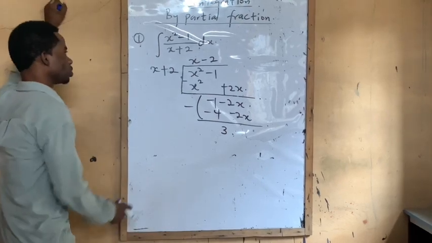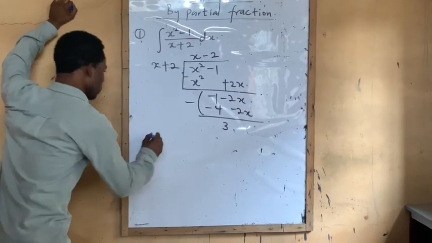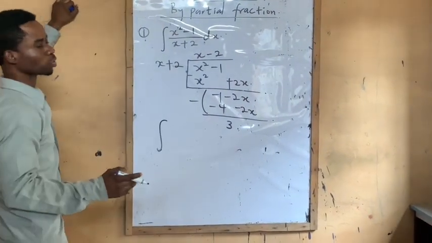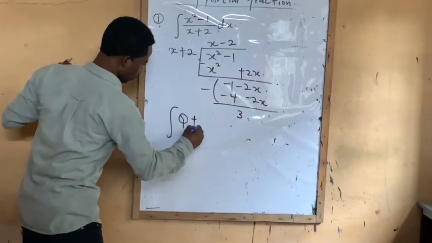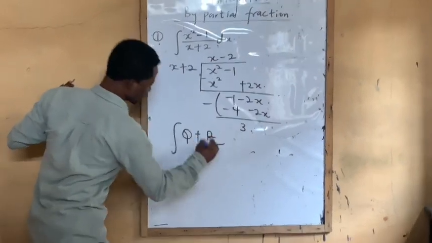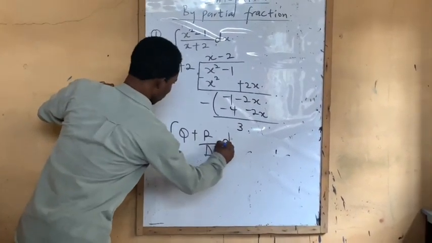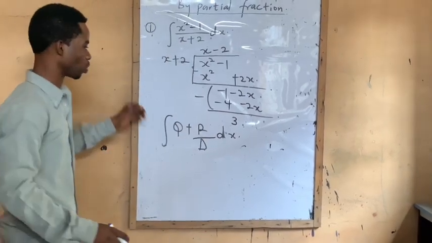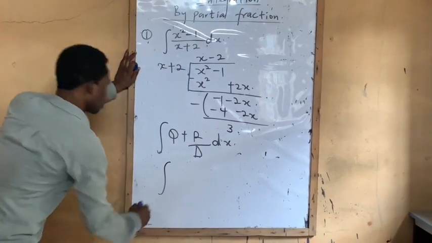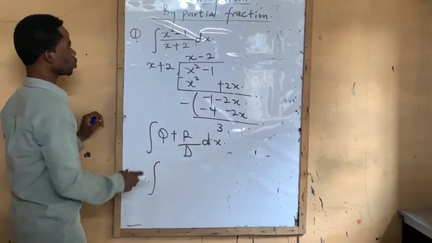How do we now write it? If I will integrate, I used to shorten it like QRD: integral of Q plus R all over D dx. That's how I used to shorten it. Quotient plus remainder over divisor. So what's my quotient now?